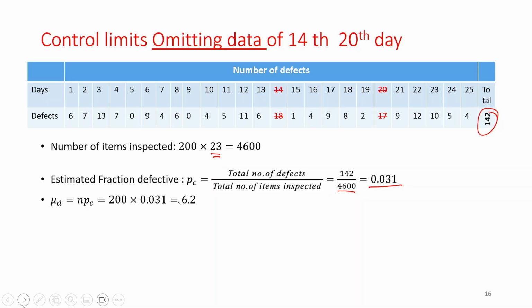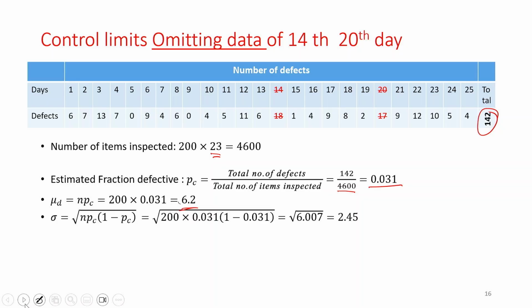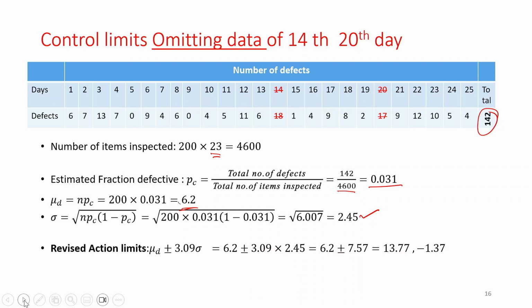Now the new mu d, the revised mu d, is going to be 6.2, and the revised standard deviation is going to be 2.45. These are the changes. Based on this mean and standard deviation, we go for revised action limits. So this is mu d plus or minus 3.09 sigma, which gives you two values, upper value 13.77 and lower value 1.37.